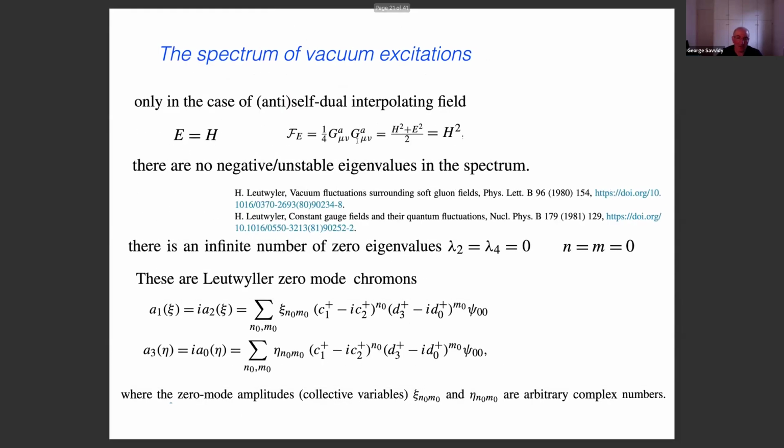So Leutwiler, in this publication, which was published in '80 and '81, just stated that if we have a self-dual field, you see, if you have E equal to H, that's a self-dual field, right? Then this quadratic form is equal to H squared.